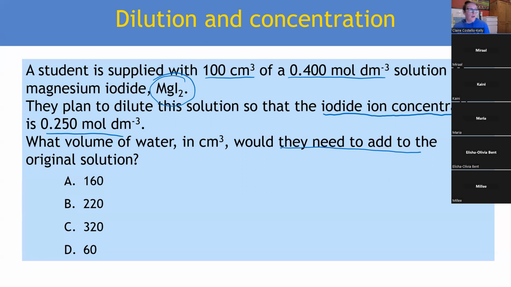So I would have to add the same amount again. If I wanted to go from 0.4 to 0.2, I can't change the number of particles, I can only increase the volume, and I would have to double the volume in order to halve the concentration, because concentration is moles divided by volume. To double the volume, I would need a total volume of 200. I've already got 100, I add 100.